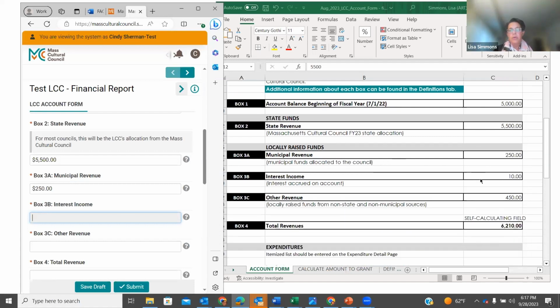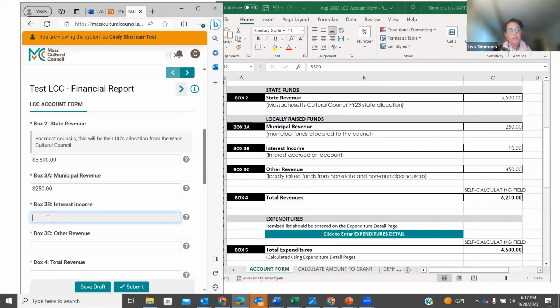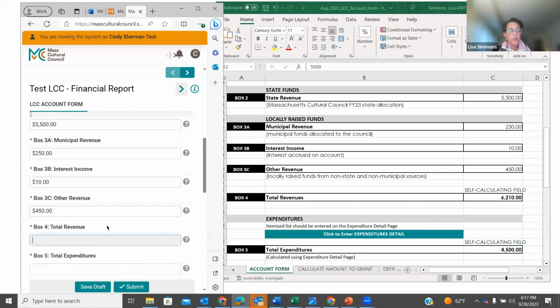So then we say, okay, is there any interest income? And usually there is some interest income. So we're going to say we got $10 in interest income. And was there any other revenue? So did the local cultural council do a fundraiser? Did they have somebody donate some money? And in this case, this is a lucky LCC. They got $450 from someone saying, awesome work, you guys are amazing.